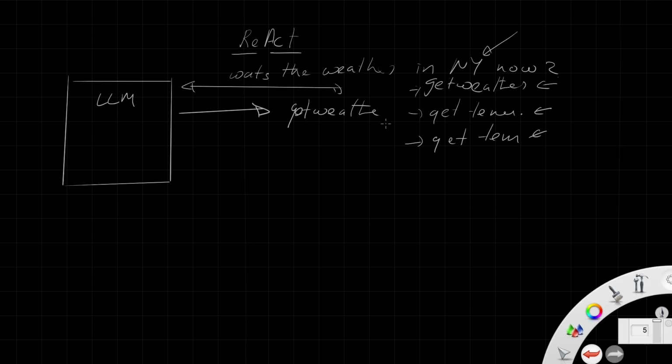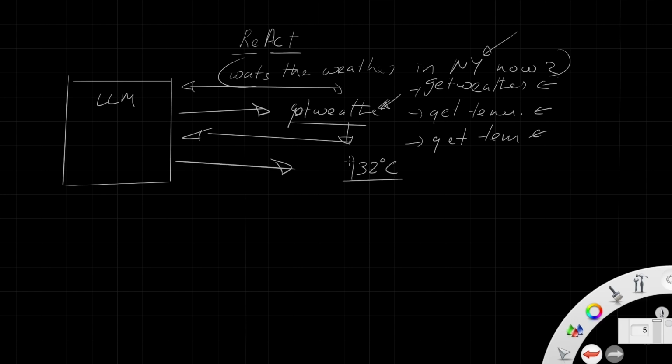And then what we are going to do, we are going to prompt it again with the response from get weather. This is the output, the get weather API or tool, whatever it is, which is available to the caller. And then along with that output, it answers the final question, which is what is the weather in New York right now? Say it is 32 degrees Celsius or whatever it is, which is returned by this particular tool.